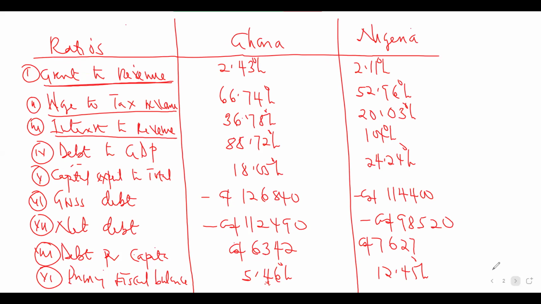So how do you present the grant to revenue ratio? Ghana received more grants than Nigeria, which increased their revenue by 2.43% to 2.11%. We are highly dependent on external donors.